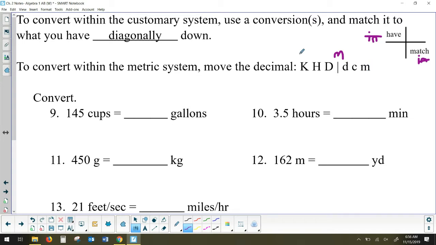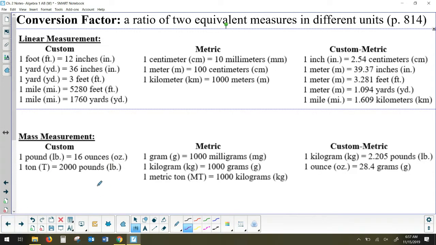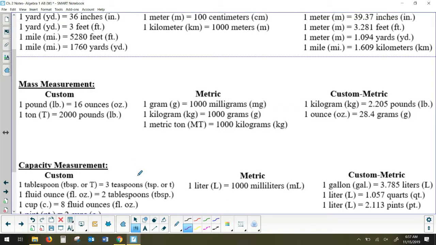Okay, so we look. First thing we have, 145 cups. We look back, and we see, do we have anything that goes from cups to gallons?